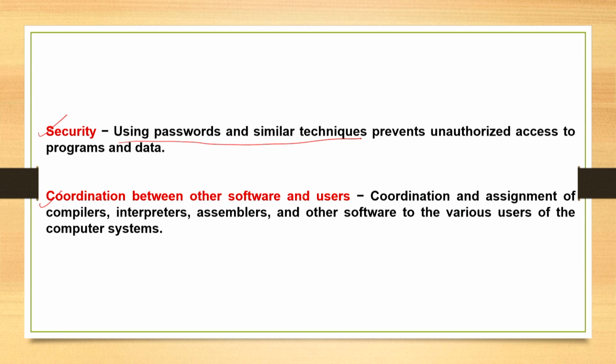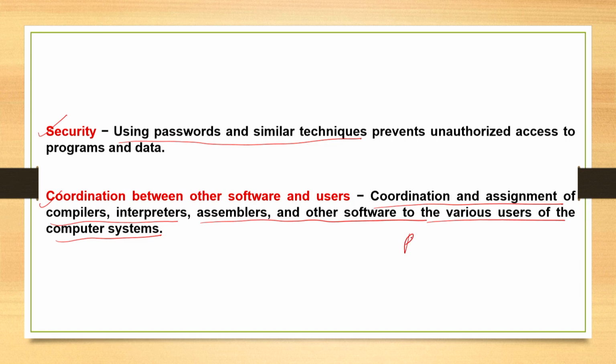Coordination between other software and users means how the coordination and assignment of compilers, interpreters, assemblers and other software to the various users of the computer system is done.